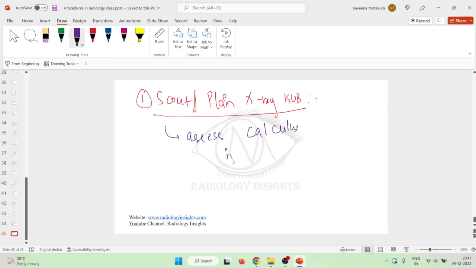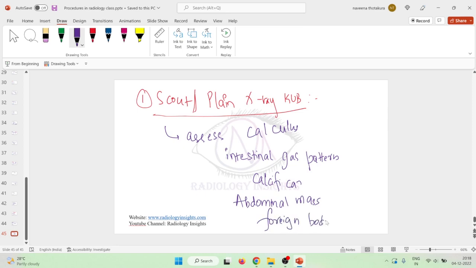It will also help us in assessing whether bowel gas shadows are present, because if gases are present, we do not do intravenous pyelogram. Similarly, we should see whether calcifications are seen, or if any abdominal mass is present, or in case of foreign body, we can use this plain X-ray KUB.